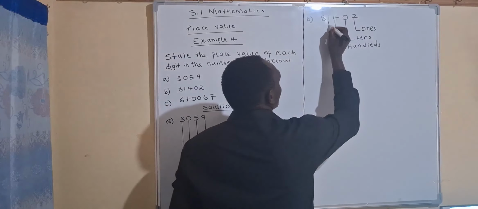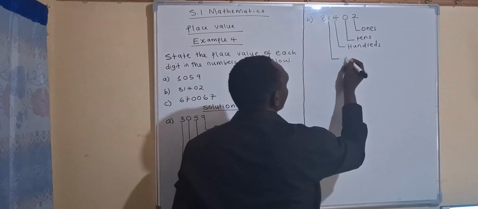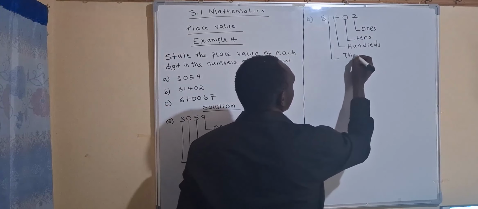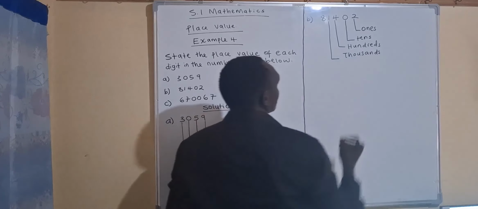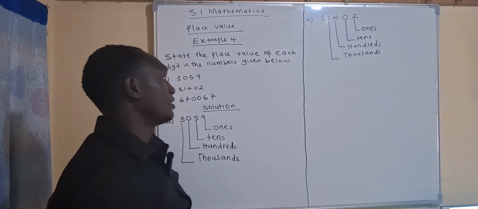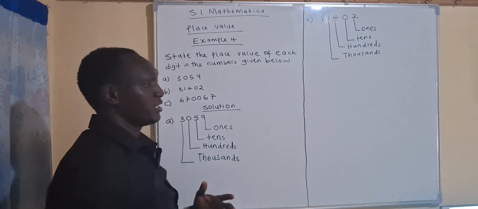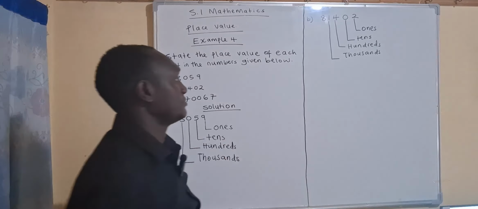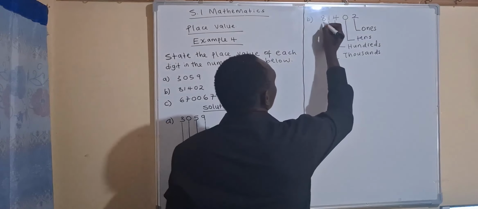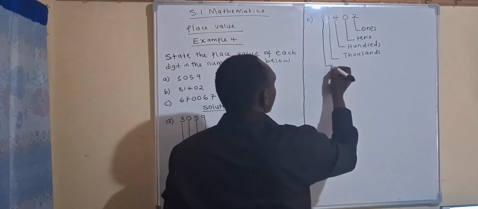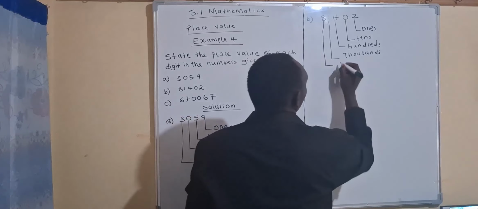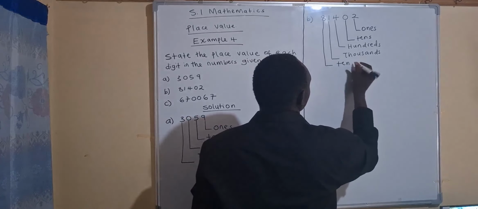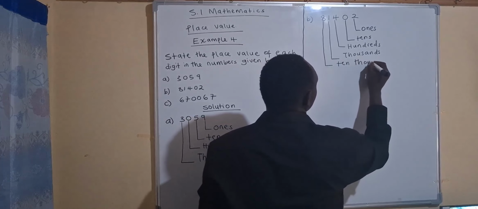And then we come to 8, position of thousands, which says that in this number we have 8 thousands, or thousands are appearing 8 times. And then we come to 4, which is in the position of ten thousands.